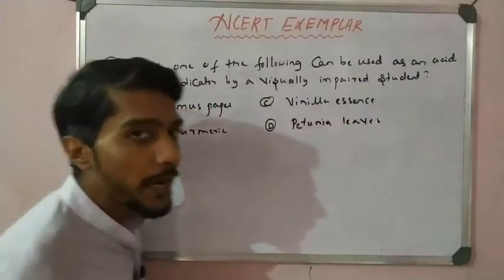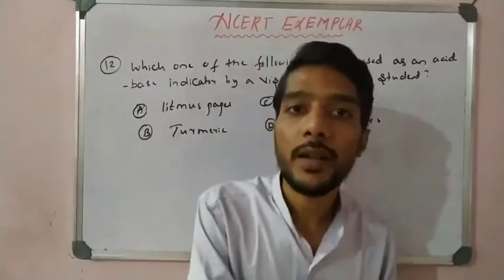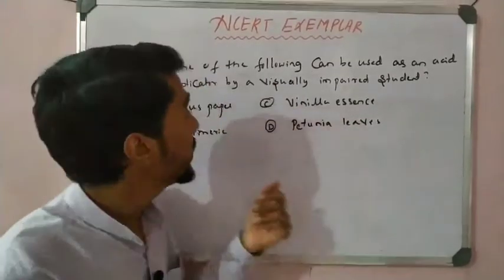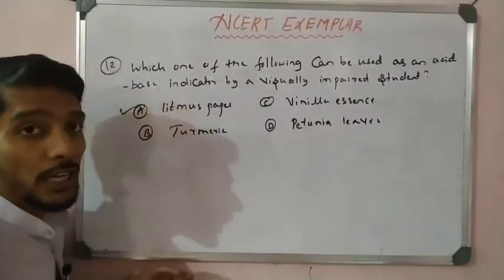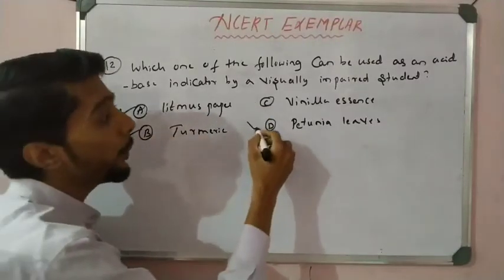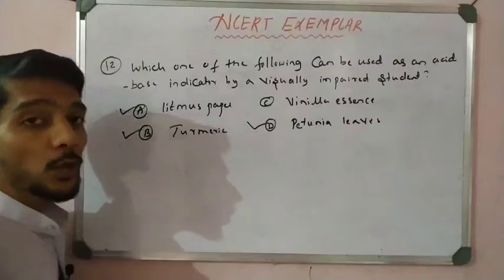The students are blind, so they are not able to see the color changing process. Turmeric powder changes color, and petunia leaves also change color.